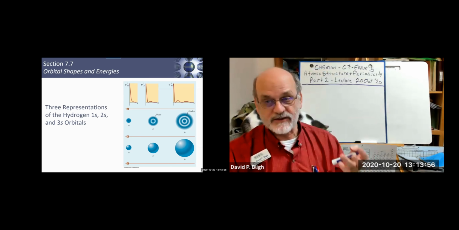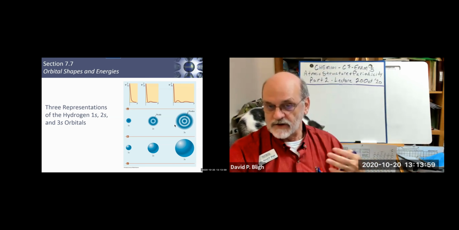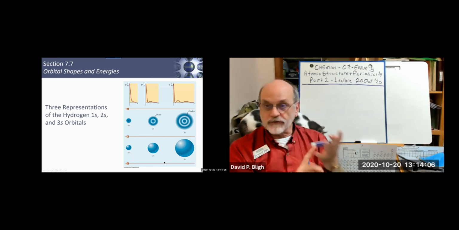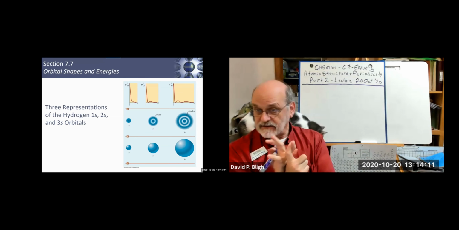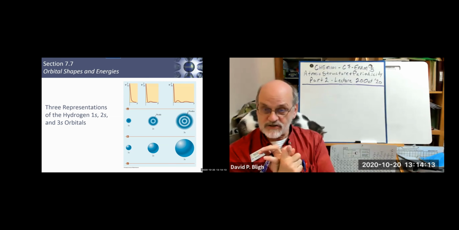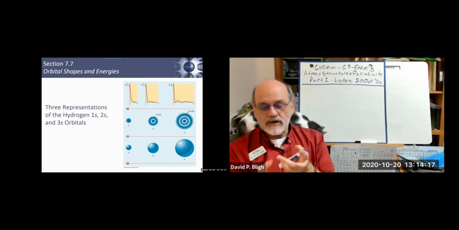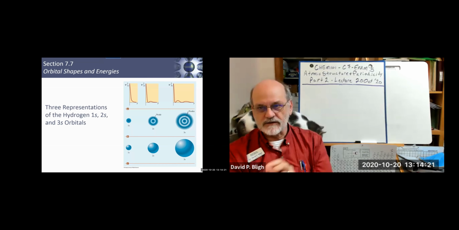If it didn't do a good job of explaining these chemical behaviors, then remember what we would have to do, right? Either throw it out and start over, or you modify it, and many modifications have been made to make it work better. Or you restrict its use. You say you can only use it under these circumstances. And there's a little bit of that also.